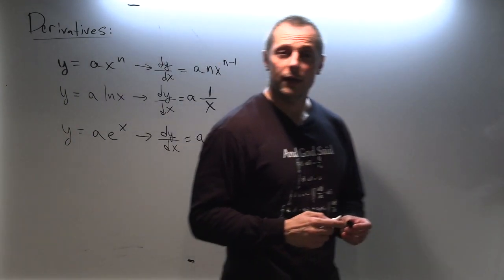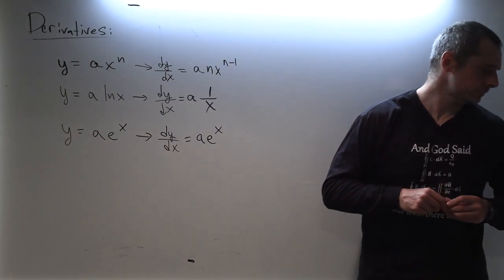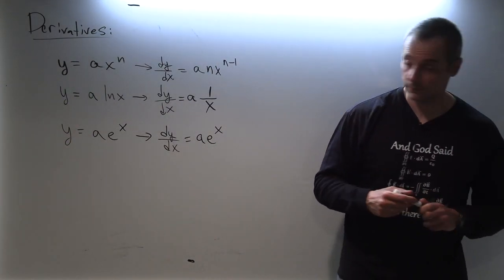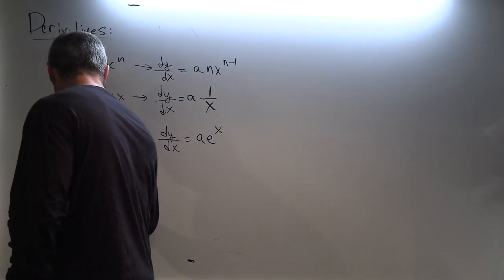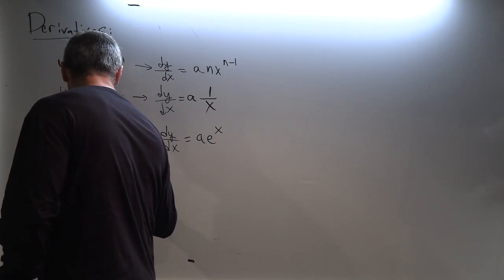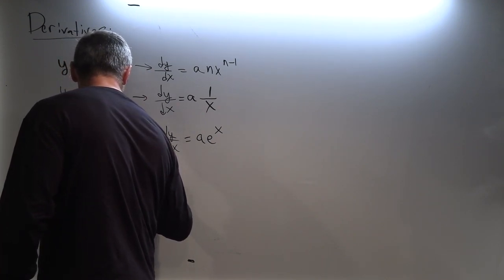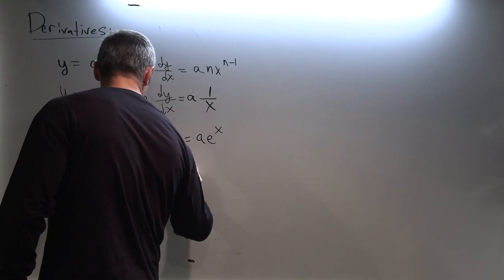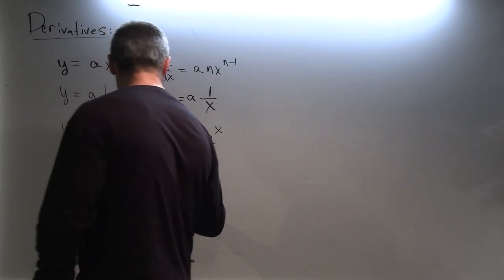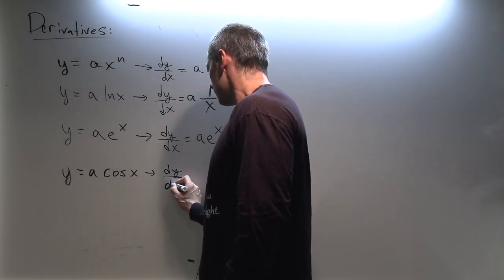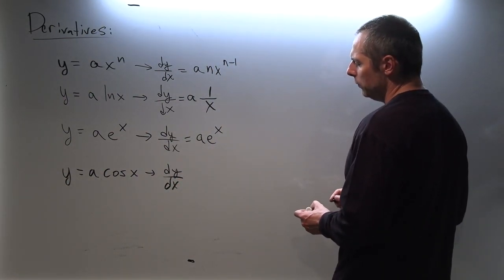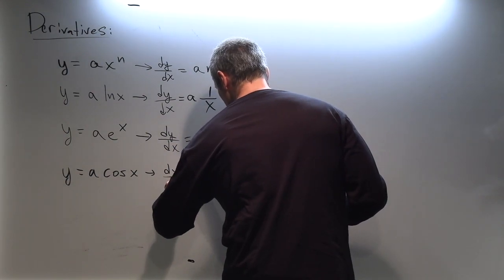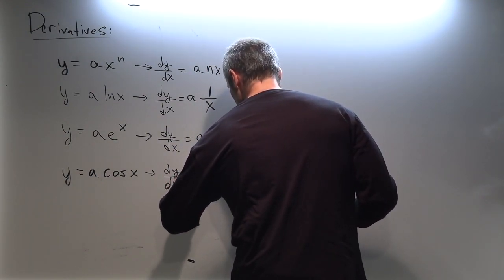It's just the exponential again. And then we have a couple trig functions, a cosine of x. If you take the derivative of that with respect to x, you get negative sine.